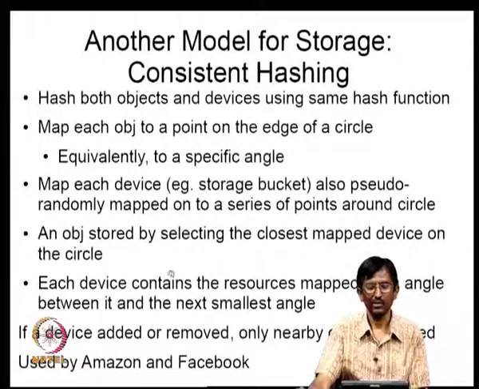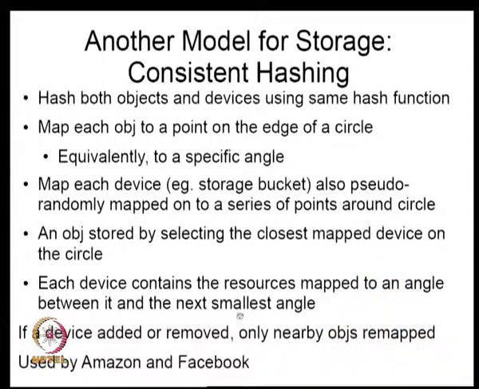And therefore, each device contains the resources mapped to an angle between it and the next smallest angle. So you have to search only those places. Again, there are going to be some data structures kept here so that you can do the lookup.